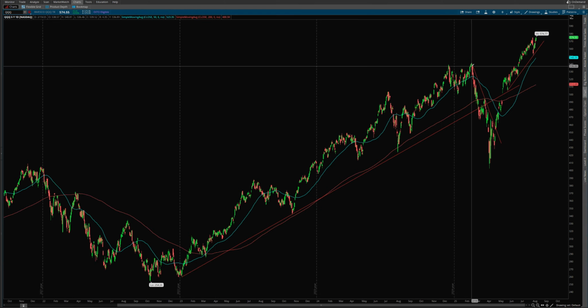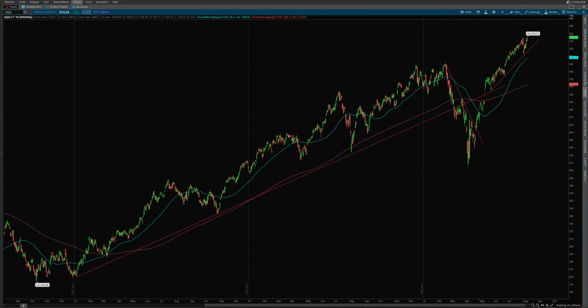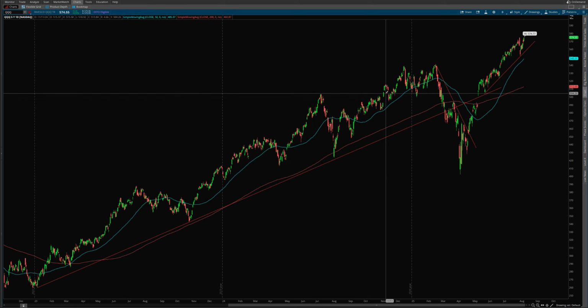Now, we did see a major breach below the long-term trend line due to not a black swan event per se, but a change in sentiment due to the tariffs and what they could potentially have implicated in the first chunk of 2025. But we did again regain the long-term uptrend.